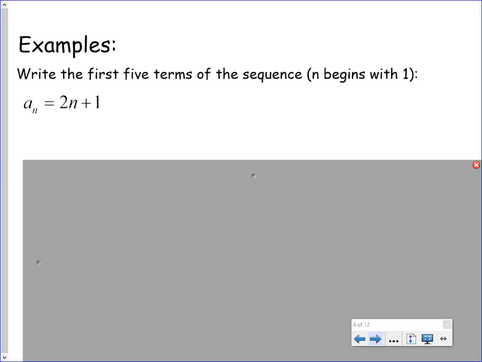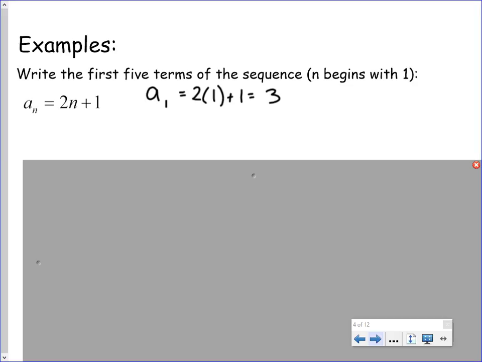Plug in 1 for n, right? We want the first term, which we would identify as a sub 1. If we write a sub 1, then we're saying n is really 1. So Austin is exactly right. A sub 1 is 3.